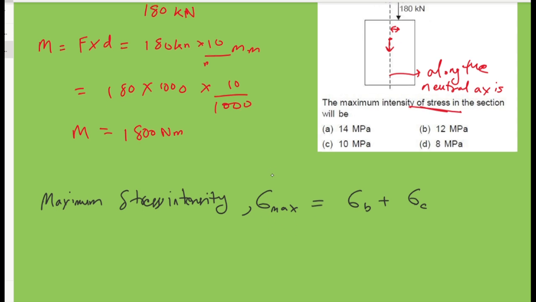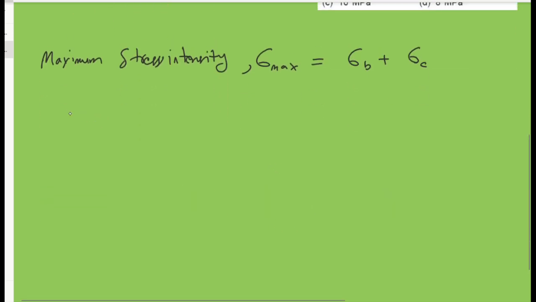So how is the bending stress given? The formula is sigma is equal to My by I plus, and it is simple, force per unit area.